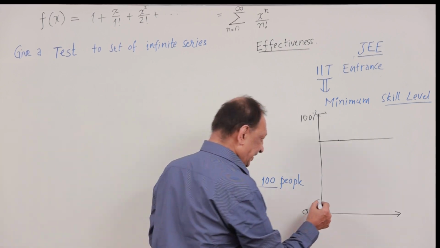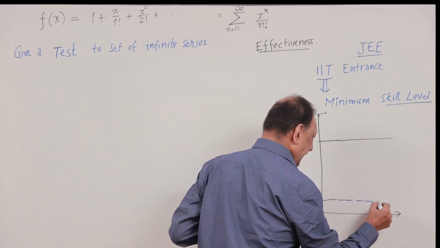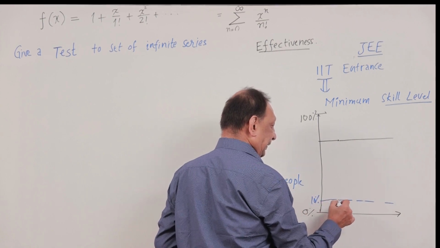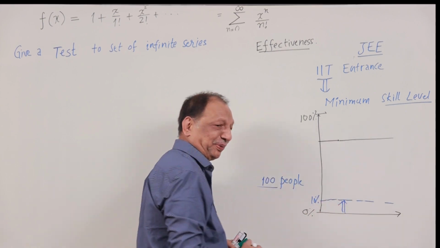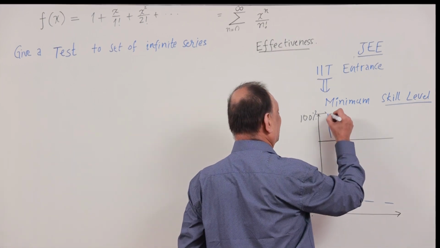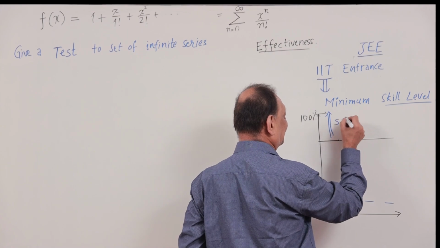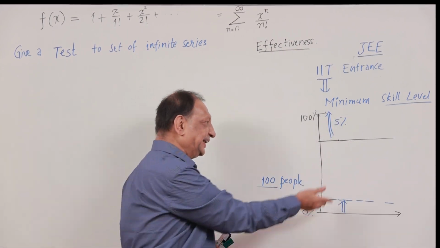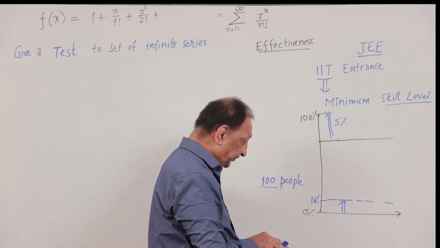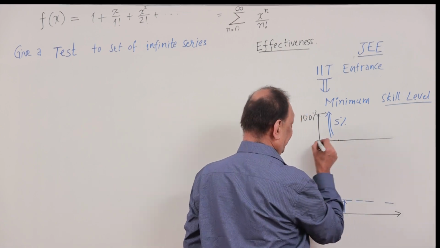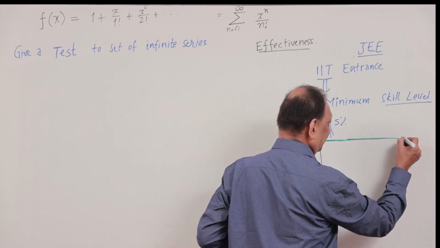We found that a few of them, maybe 10% of them, didn't even score above 10%. And in fact, only about 5% of the students scored beyond the pass grade. And the majority of them were in between. Now, in this case, this is the pass grade, what we call the pass grade.